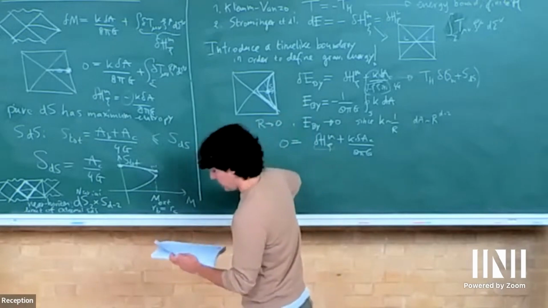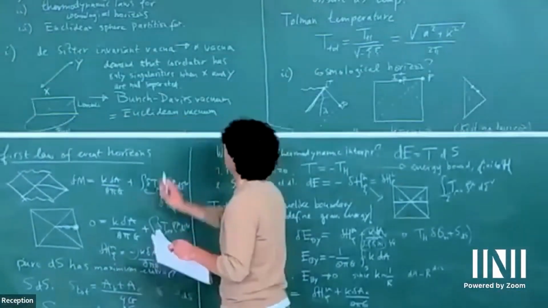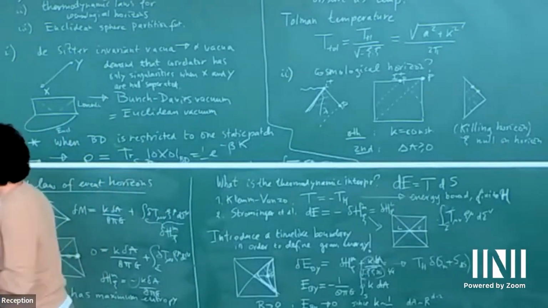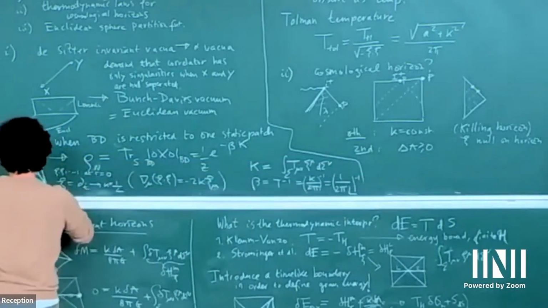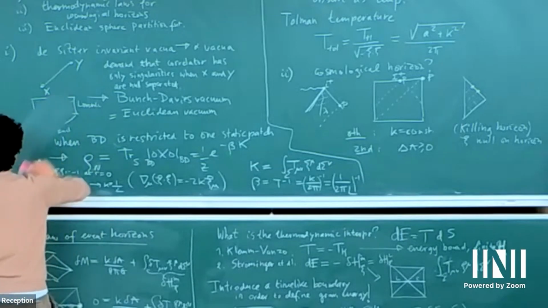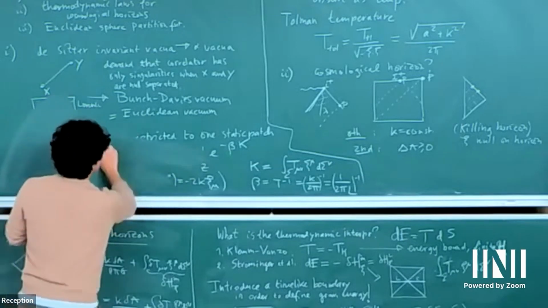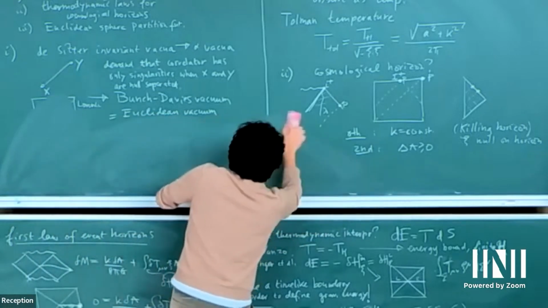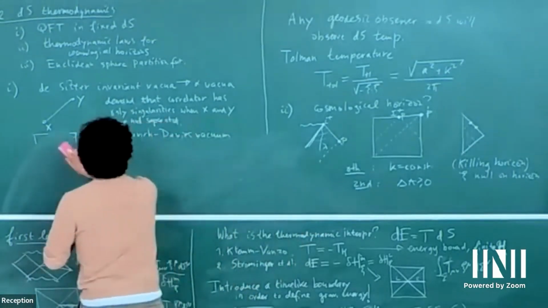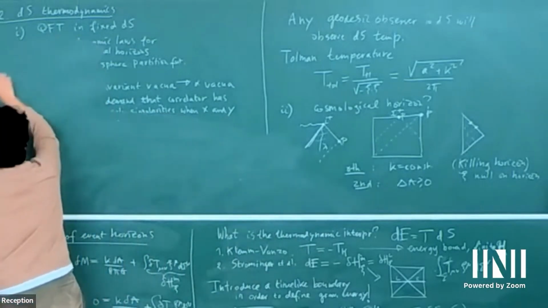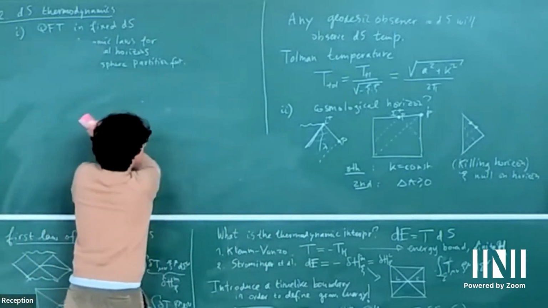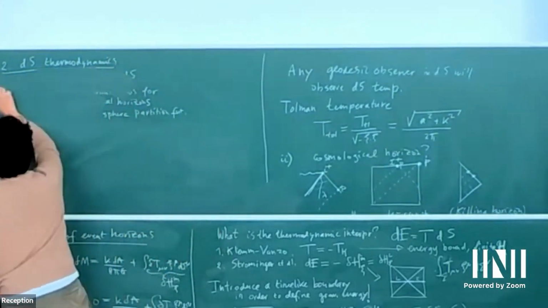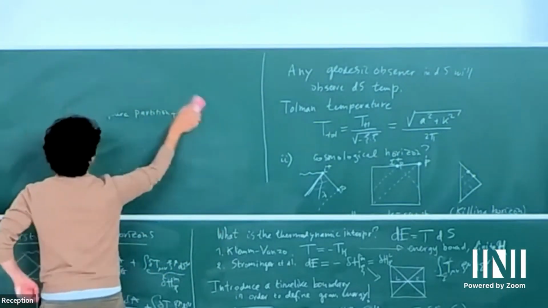All right. And now I want to move to the third evidence, which is the sphere partition function. I'll just briefly describe the work by Gibbons and Hawking.